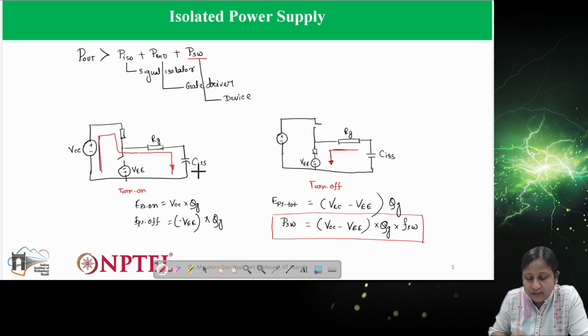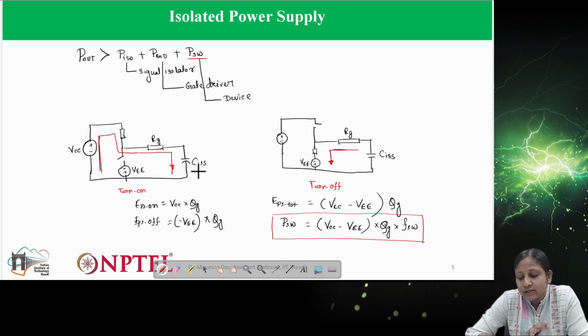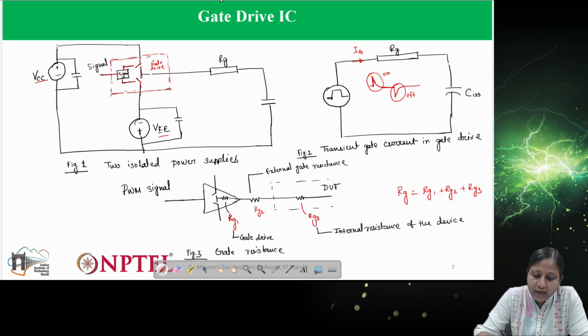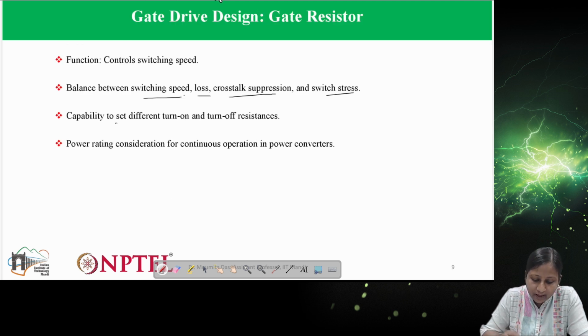The input capacitor charges through the resistor, and similarly when it is discharging, it is also discharging through the same resistance, right? Then if we have the same resistance, what will happen? The optimum point will not be achieved. So if it is possible to set different turn on and turn off resistances, then probably we can achieve the optimum operation point.